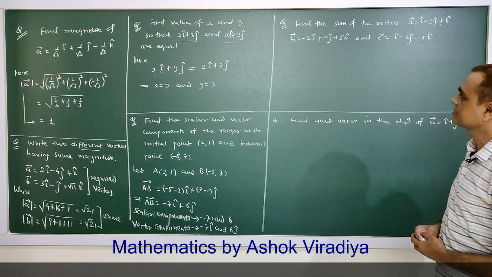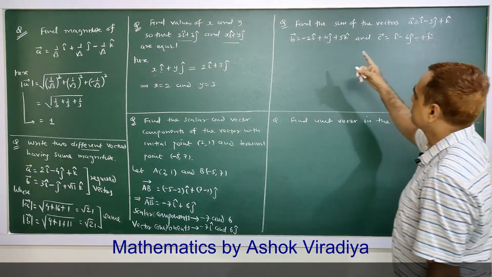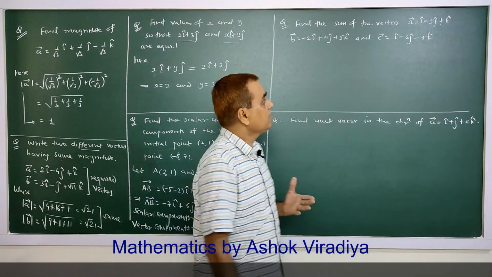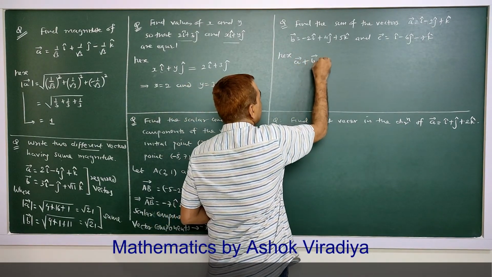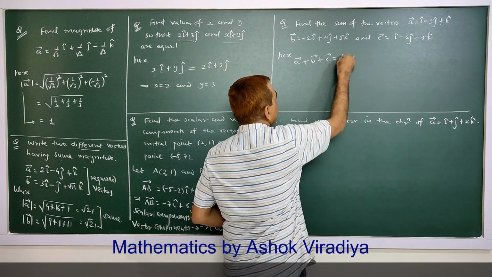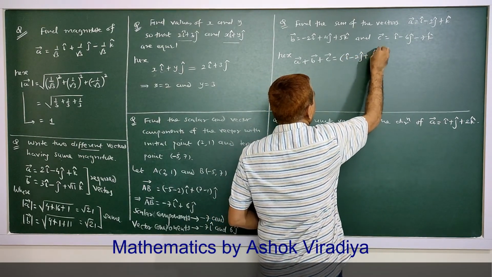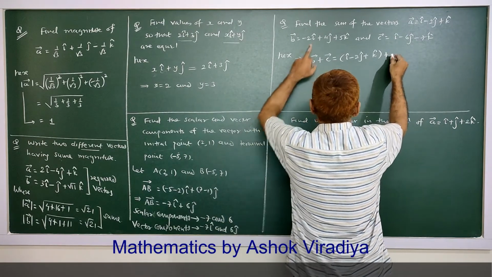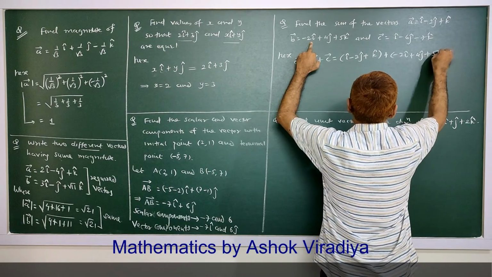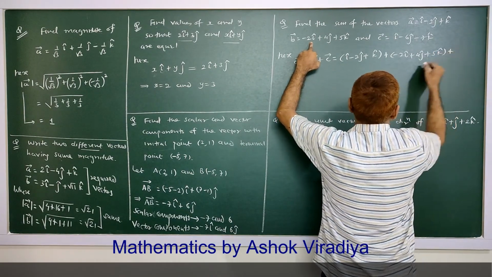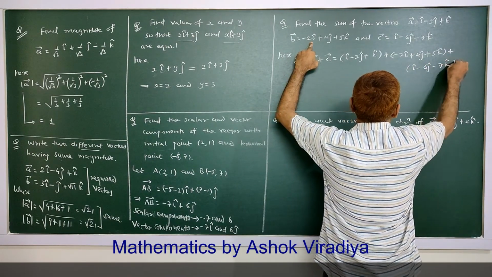Then here, find the sum of vectors A, B and C. We want the sum of vectors A, B, C, that is i minus 2j plus 1k, plus minus 2i plus 4j plus 5k, plus i minus 6j minus 7k.